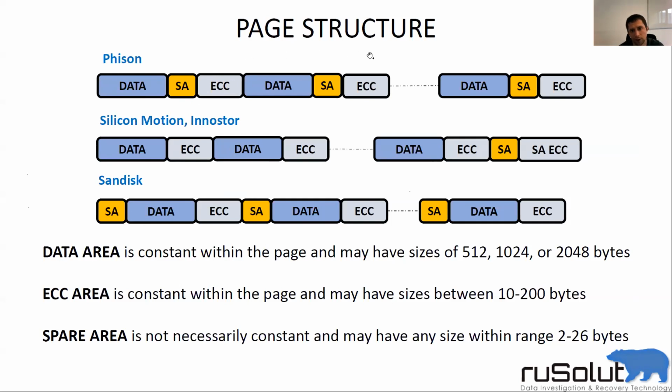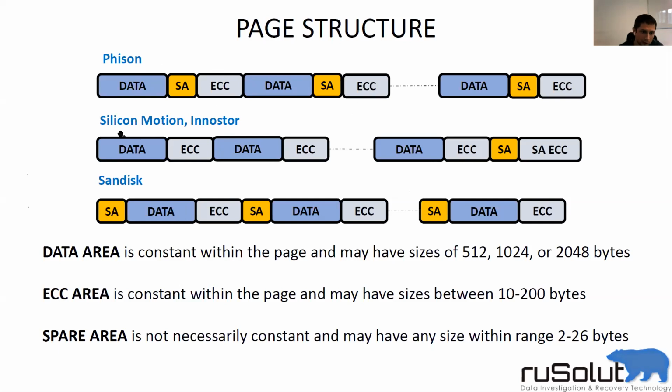And then we have the next data area with its own service area and ECC for this data, and so on. Usually for modern controllers, the data area has a size of 1024 bytes in case of Phison, Silicon Motion, and others. So if we have an 8 kilobyte page size, we have 8 periods of data areas plus ECC.